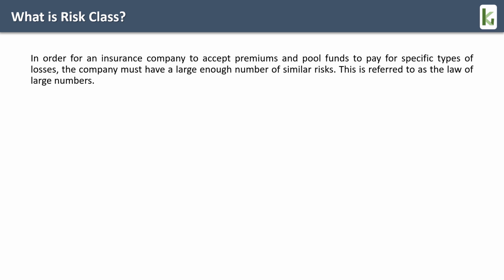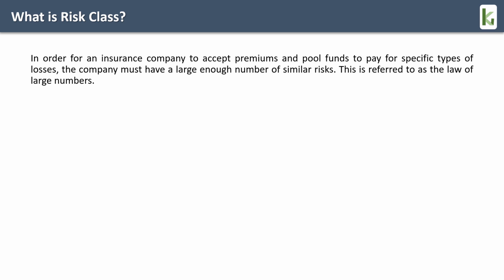So in order to insure any risk, the insurance company must have a pool, or the company must have a large enough number of similar risks. Let's say there is a city having 100 homes, out of which only 2 homes need specific coverage, but the rest 98 do not need that coverage.